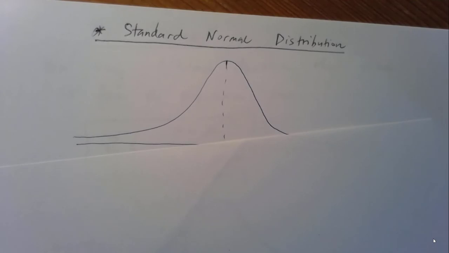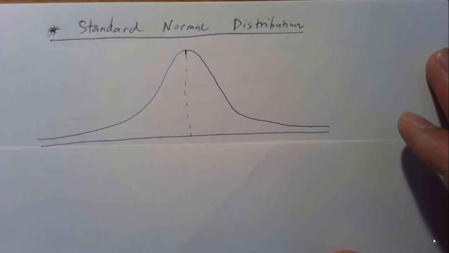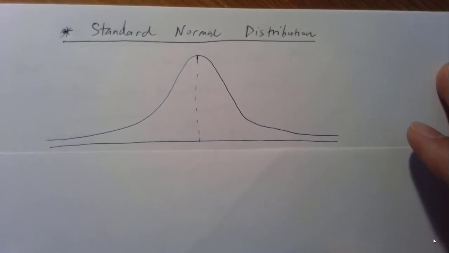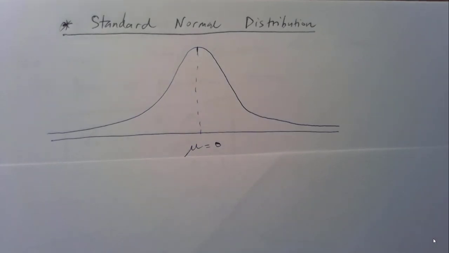Most of the time, we are more likely to use the standard normal distribution, because it is easy to use, and there is a table for the z-score in the appendix of most textbooks that you can refer to. So let's talk about what the standard normal distribution is.